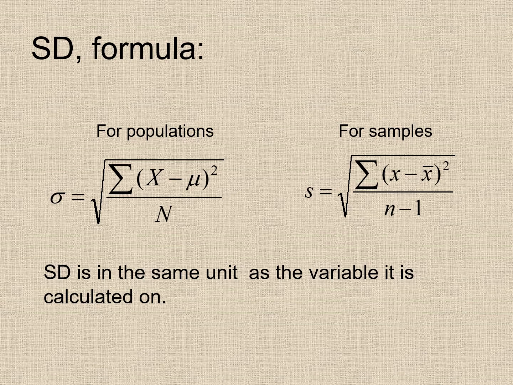So if we calculate height in centimeters, then we get a standard deviation that is in centimeters. So in this case, the value 10 would tell us that on average, the individuals in the sample have a height that deviates 10 centimeters from the group mean of 180 centimeters.